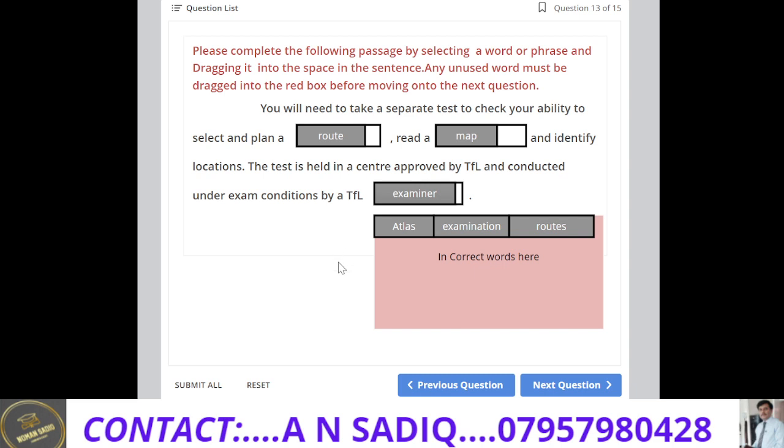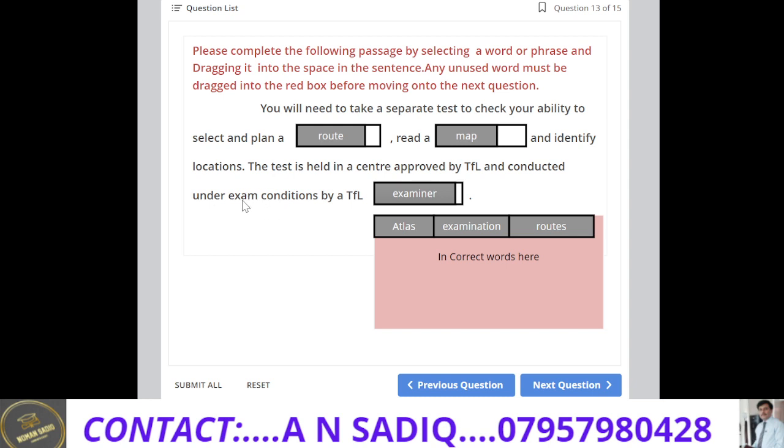But please remember that sometimes the answer of a previous question might be present in the next question. You might have noticed that this sentence was also present in the previous question: the test is held in the center approved by TFL and conducted under exam conditions.